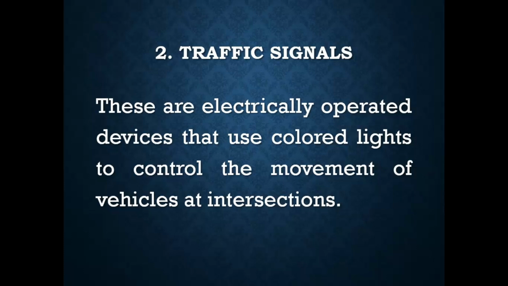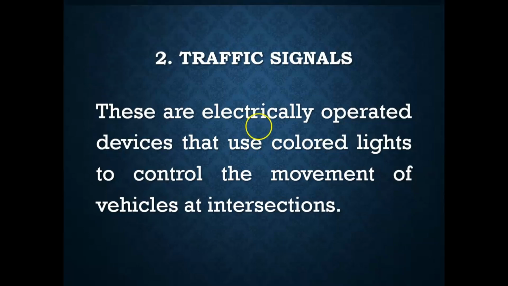It is also said to be an electrically operated device that uses colored light to control the movement of vehicles. Now, the basic difference between a traffic sign and a traffic signal is that traffic signs are static in nature. When I say static in nature, it means they don't change.